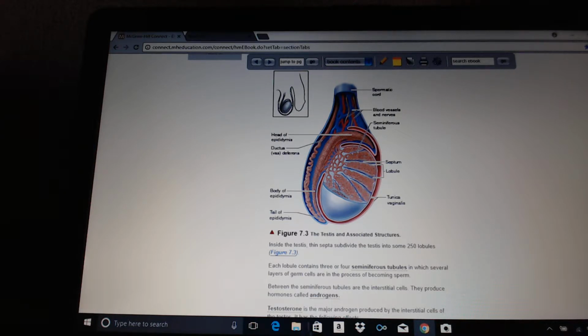The sperm are going to make their way slowly through the seminiferous tubules, then the epididymis, and that gives them time to mature under the influence of the hormone testosterone. And when they ultimately get to the vas deferens or the ductus deferens, that's going to allow them to make the trip to the seminal gland or seminal vesicle, where they will be stored until the male ejaculates.